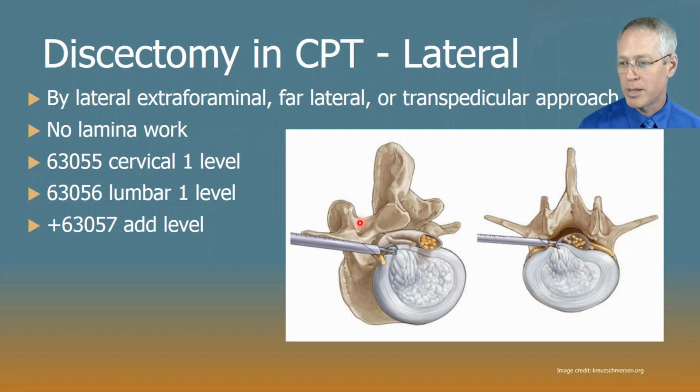So the lamina is up here. We just made incisions and inserted instruments through the patient's side of the back instead of the midline. Here are your codes for the transforaminal discectomy, 62055 and 56, and for additional levels. So this is fortunately usually pretty easy to recognize and pretty straightforward to code.